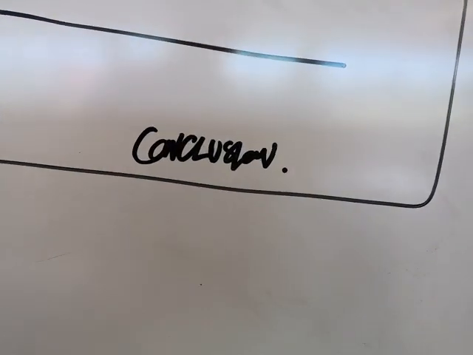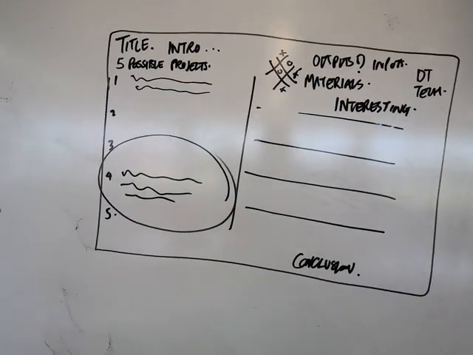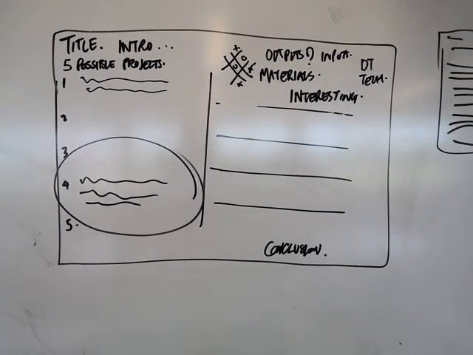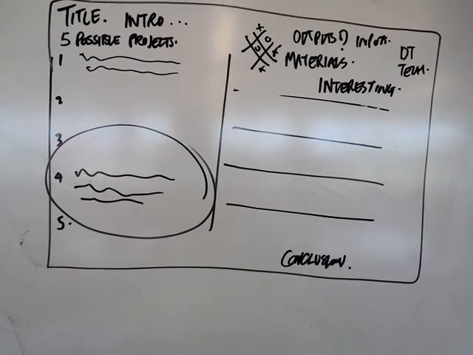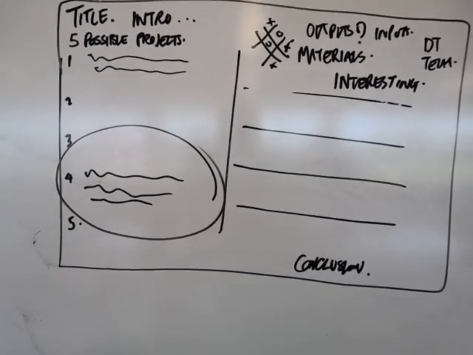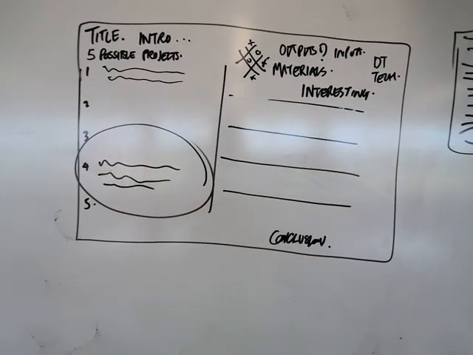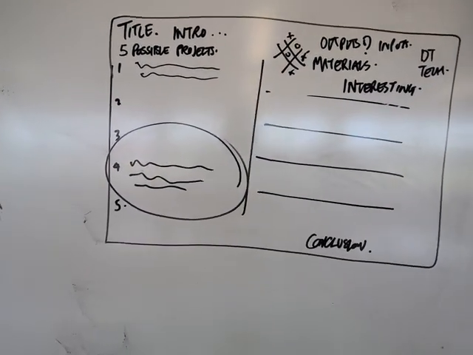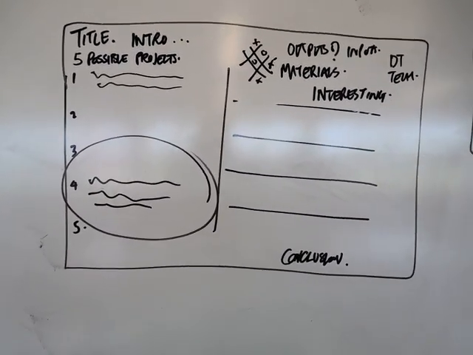Come up with a nice conclusion and then reflect on the whole thing and say, number 1's boring, number 2 and number 5, well, to be quite frank, I don't think we can do them. They take too much of my time, or the technology is not there in the department. But number 3 and 4, they sound really good. And number 4 sounds especially good because it involves my friend Billy or somebody and a racing car, and I'm really enthused about that.